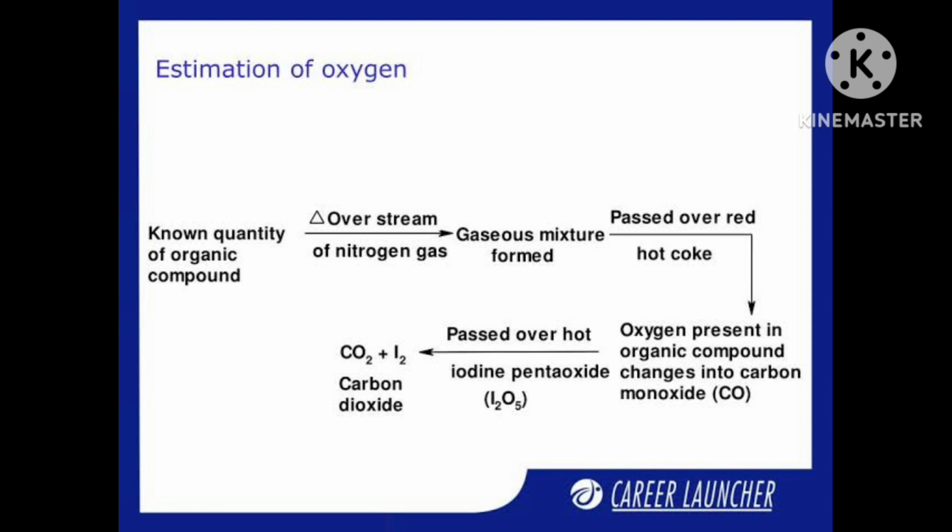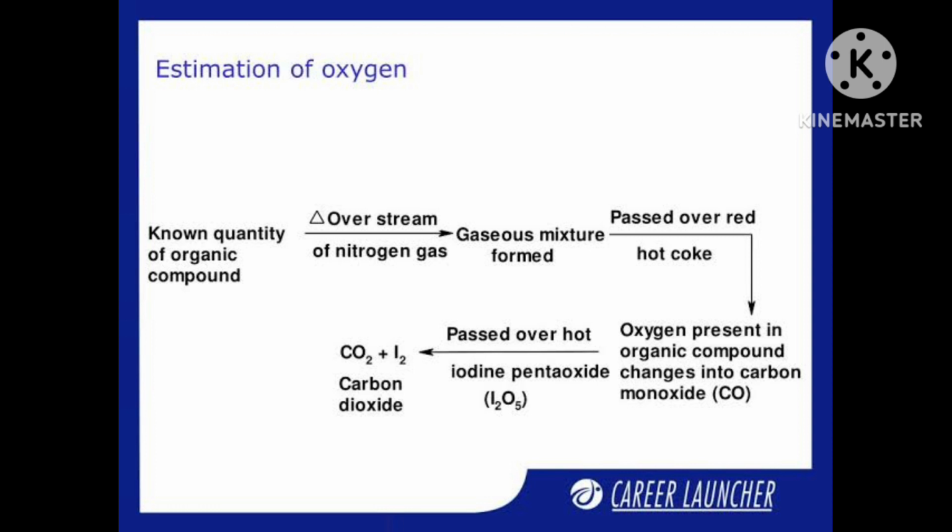What is remaining is the oxygen. This is a very easy way, but they will not always give all the percentages. Sometimes they can give, but not always. Hence I am telling you the other method.